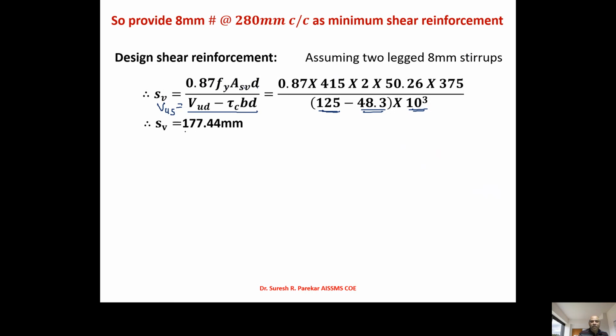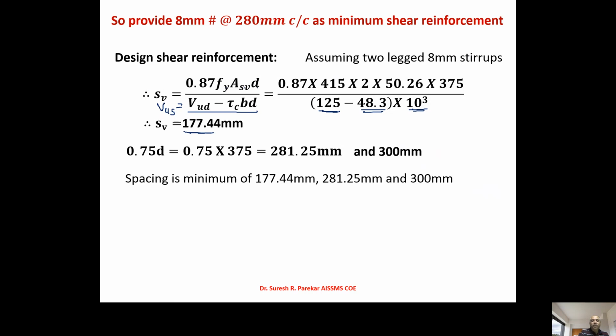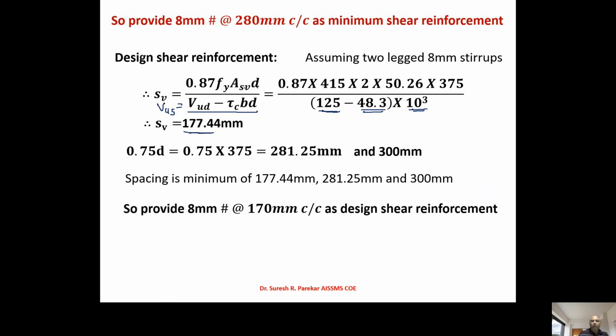From this we get the value of Sv as 177.44 millimeter. Again we have to go by three criteria: 0.75d is 281.25 millimeters and 300 mm. Out of these three we consider the minimum, so the spacing is the minimum of 177.44, 281.25 and 300, and we provide 8 mm at 170 mm center to center as design shear reinforcement.